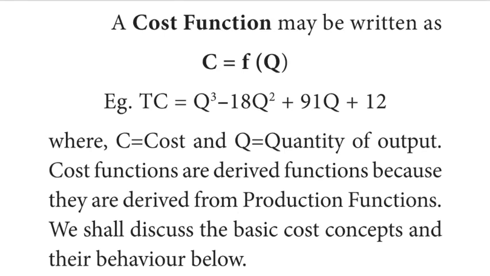The cost function expresses a functional relationship between cost and output that determine it. Symbolically, the cost function is C = f(Q), where C is cost and Q is output. Cost functions are derived functions because they are derived from production functions. We shall discuss the basic cost concepts and their behavior below.